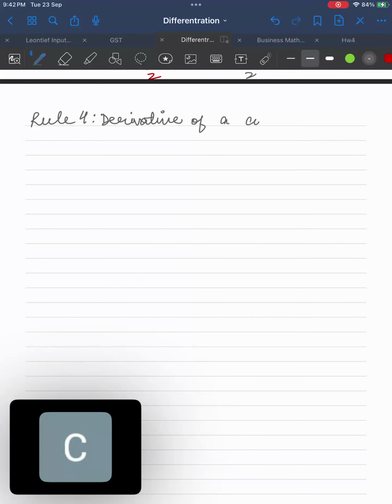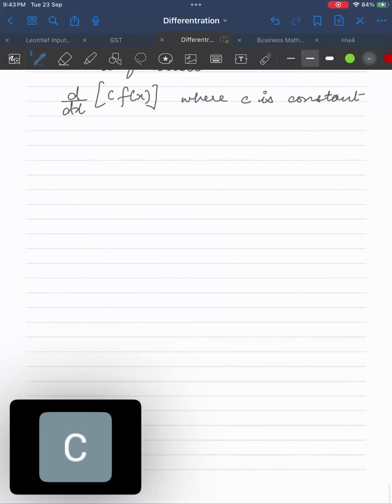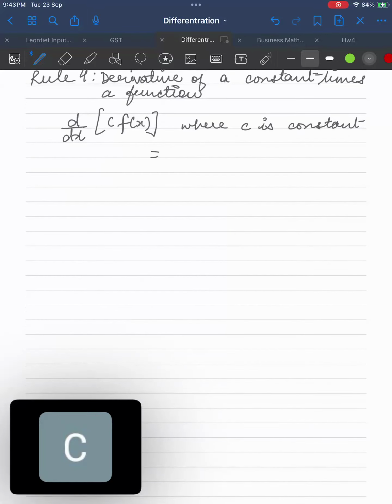Derivative of a constant times a function. d by dx of c f(x), where c is a constant. In this case, we will bring the constant outside and then differentiate the function.